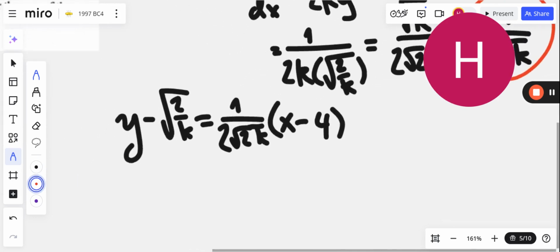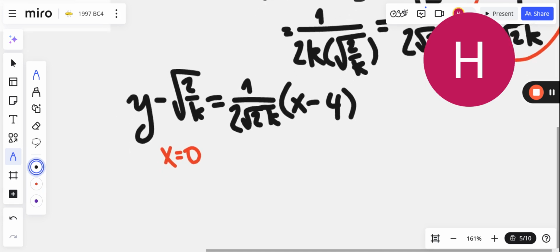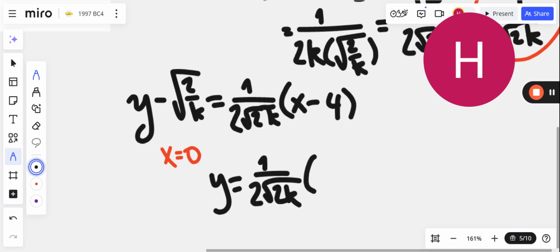So let's check if by some miracle, if we plug in x equals 0, this works out somehow. So if x equals 0, then we say y equals 1 over 2 root 2k times 0 minus 4. Kind of promising.